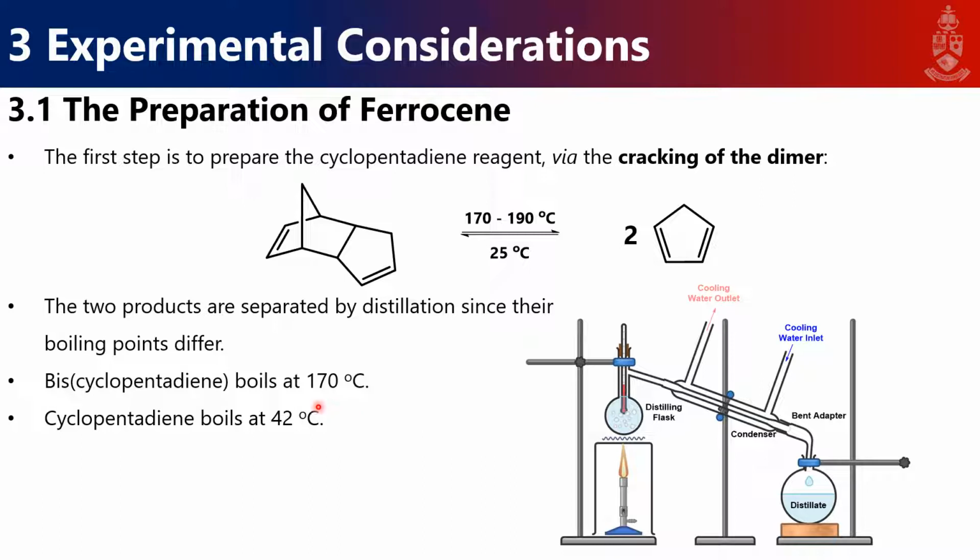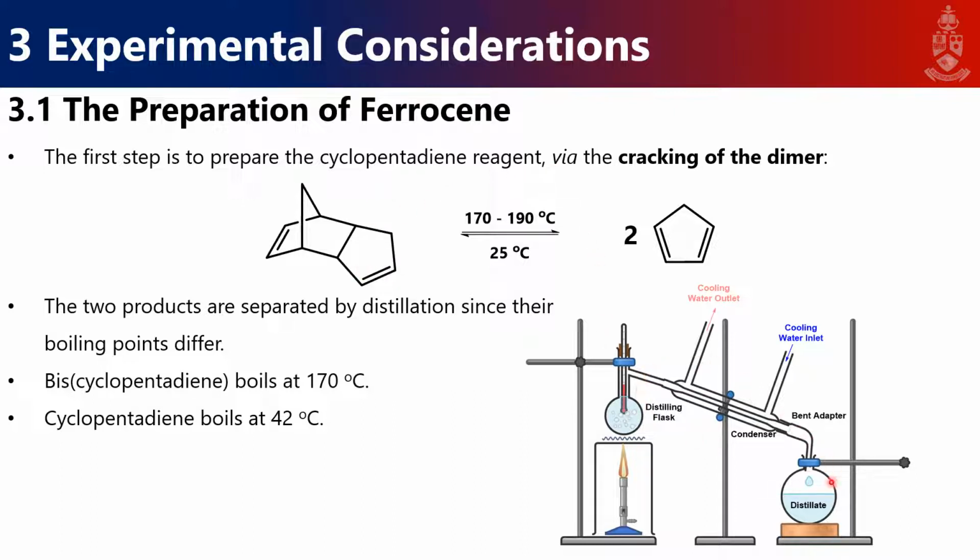So if we have a heated setup somewhere between these two temperatures, we will have a separation of these two products. Hence, in this flask, you have a mixture of these two in equilibrium. And if you start removing this one, by Le Chatelier's principle, you will have a shift in equilibrium where this continually shifts and produces this.